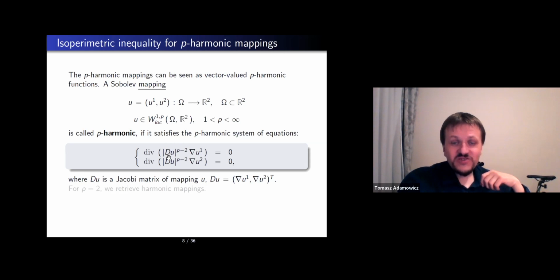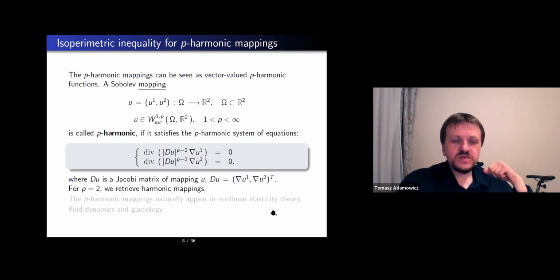Here, du stands for the Jacobi matrix of the map u, which means that the rows of the matrix are the gradients of the component functions of the map. Of course, when p is equal to 2, we retrieve harmonic mappings, but for p different from 2, this system is coupled by the appearance of the Jacobi matrix.